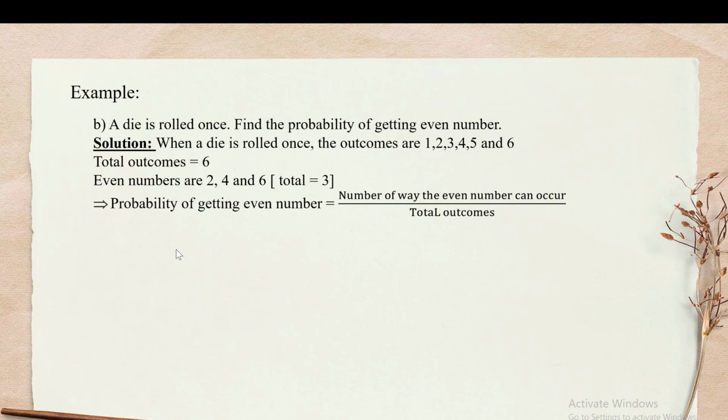Probability of getting an even number equals the number of ways an even number can occur by total outcomes, equal to 3 by 6, which is 1 by 2.